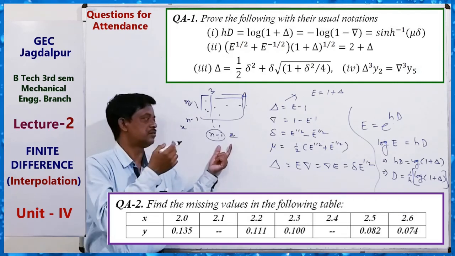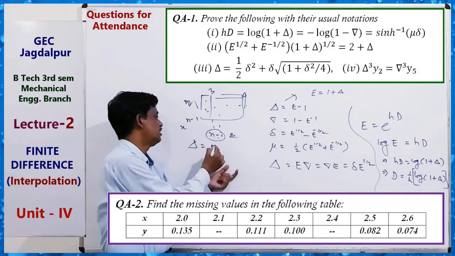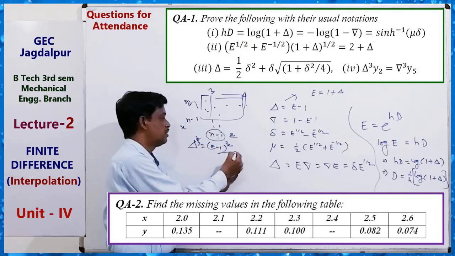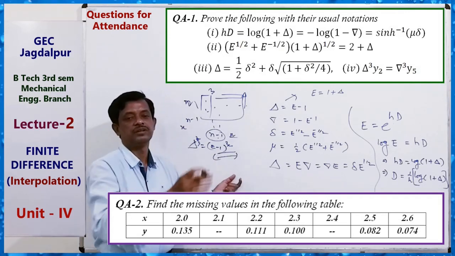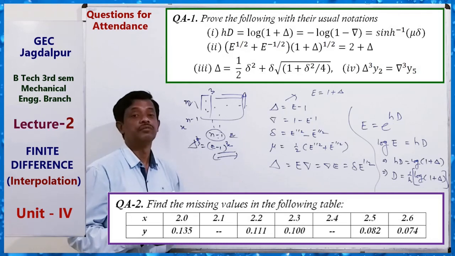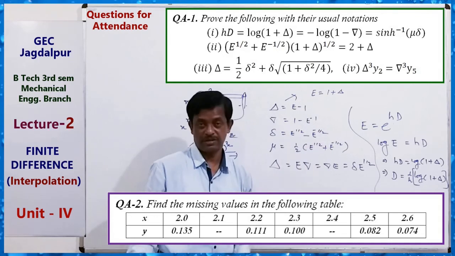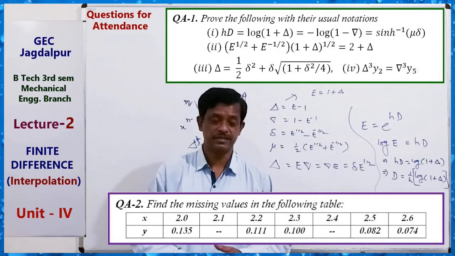Using that we can find the missing term, and we can write del as E to the power something, third, fourth, fifth power, and express it by binomial expansion. Then you can solve for y0, y1, y2, y3, put in the values and get the missing value. Clear? So solve these questions and send them to me for your attendance. Okay.